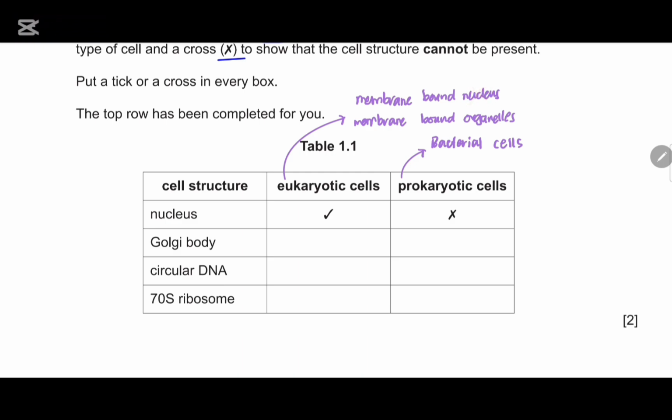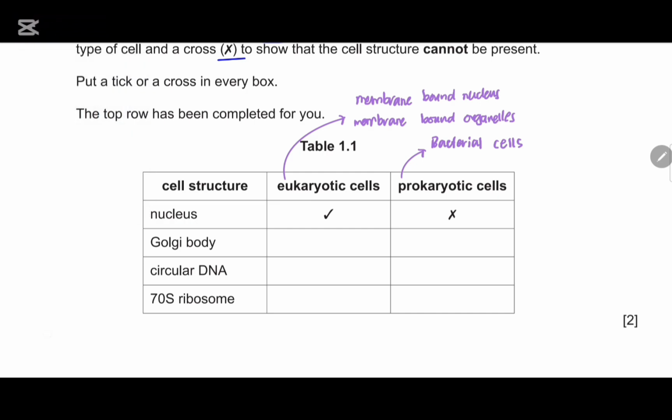Instead it might have circular DNA or plasmids lying around within its cytoplasm. It's not in a proper nucleus that we are aware of. It does not have membrane-bound organelles, but it does have at least one organelle that we can actually name, which is what we need to go through as we proceed with answering the questions.